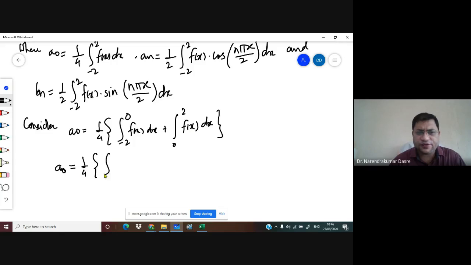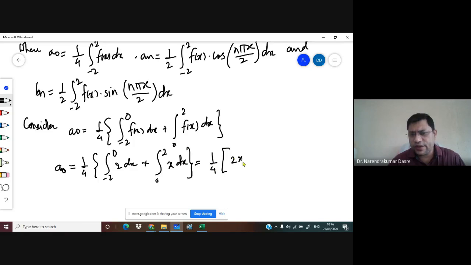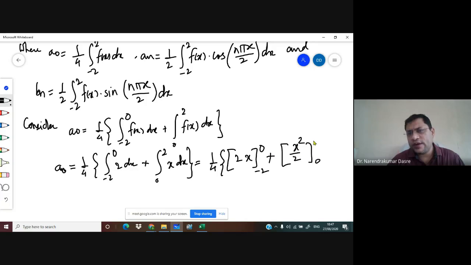So we have 1 by 4 times the integral from minus 2 to 0 where f of x is 2, plus the integral from 0 to 2 where f of x is x, dx. So the integral will become 2x on the interval minus 2 to 0, plus x square by 2 on the interval 0 to 2.